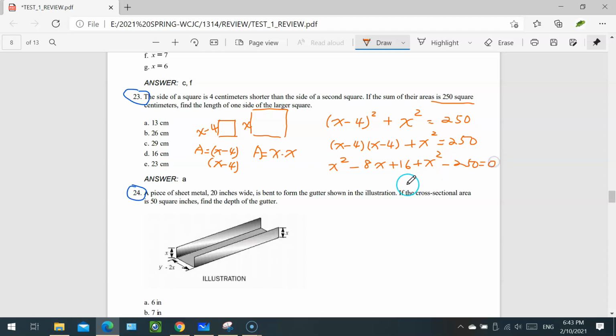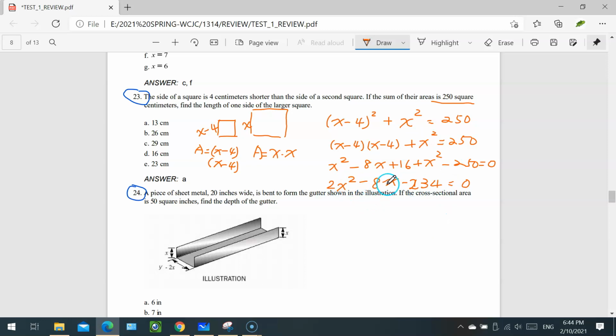Set that equal to 0. Now x squared combined with the x squared, you get 2x squared minus 8x. Combine these two numbers, you get negative 234, my bad. Alright.